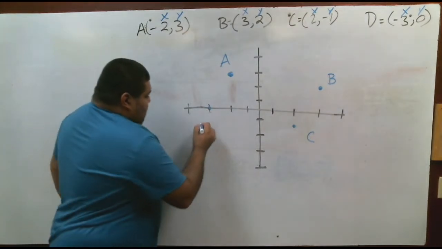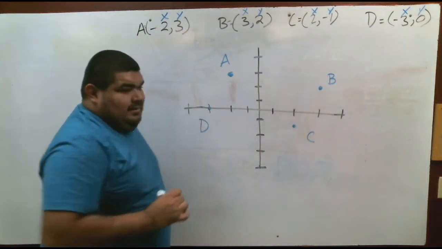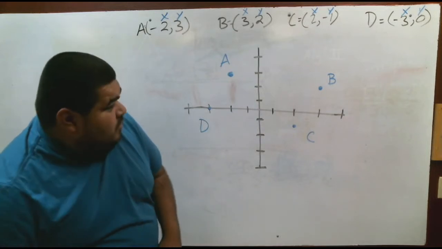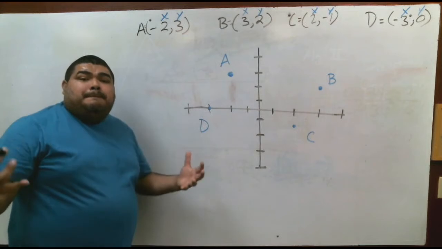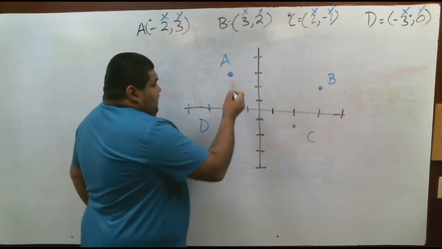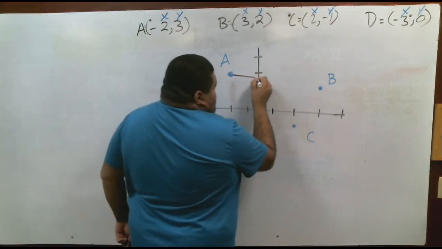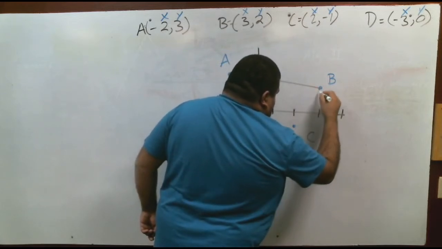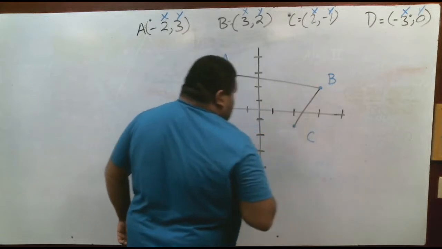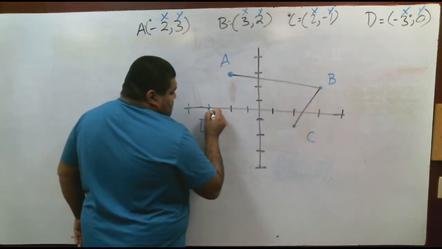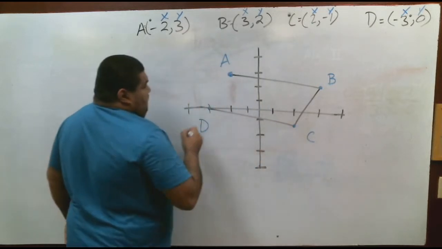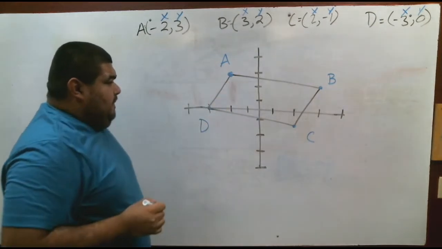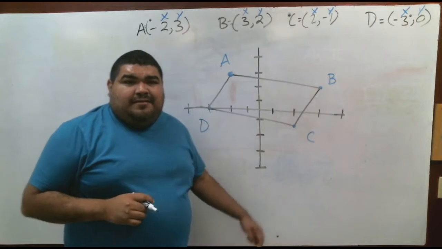And that is point D. Now that we have our points, we're going to connect them. So we have A to B, to C, C to D, and then A to D.